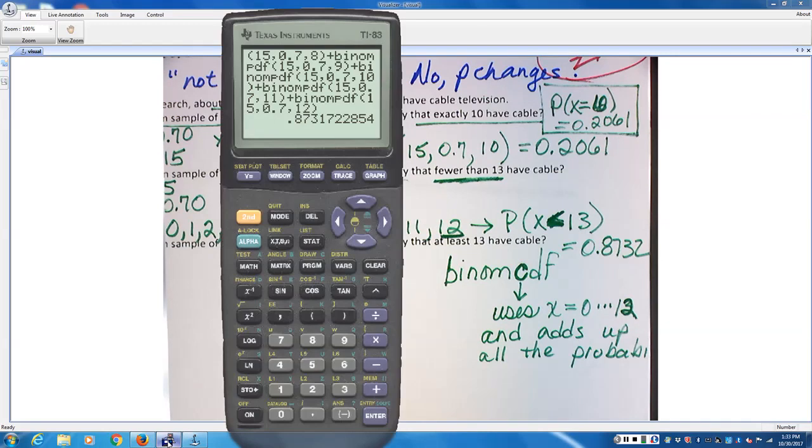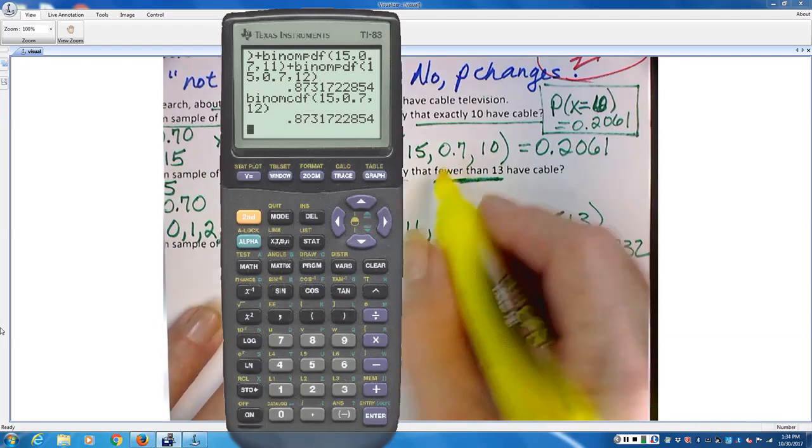There's the long way, and then the short way is that way. Exact same answer. Just depends on how hard you want to work to get the answer.